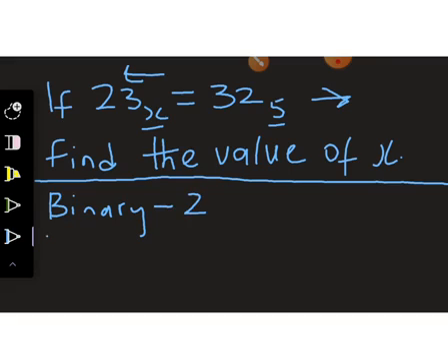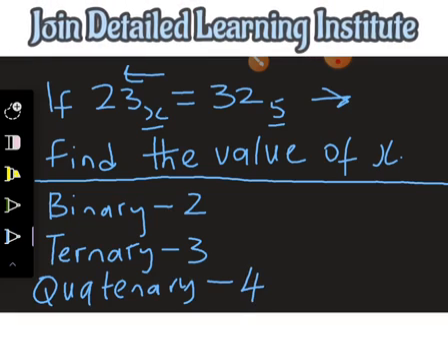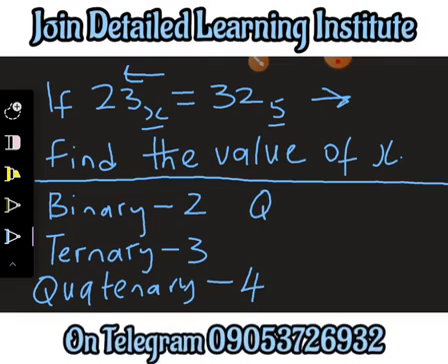Then we have the ternary system, which is the base 3 system. We have the quaternary, which is the base 4 system. And then we have the quinary, which is the base 5 system.